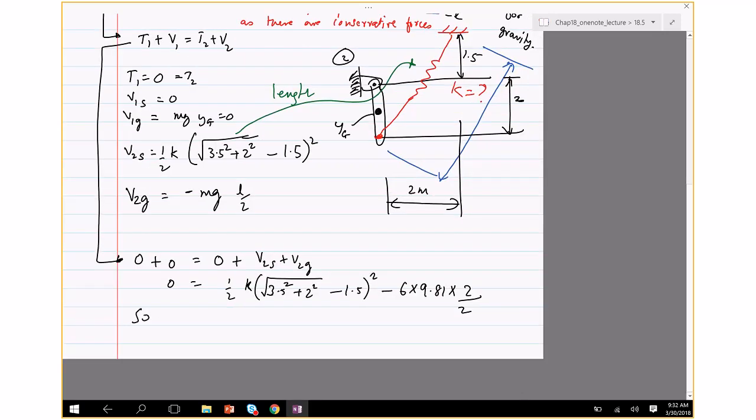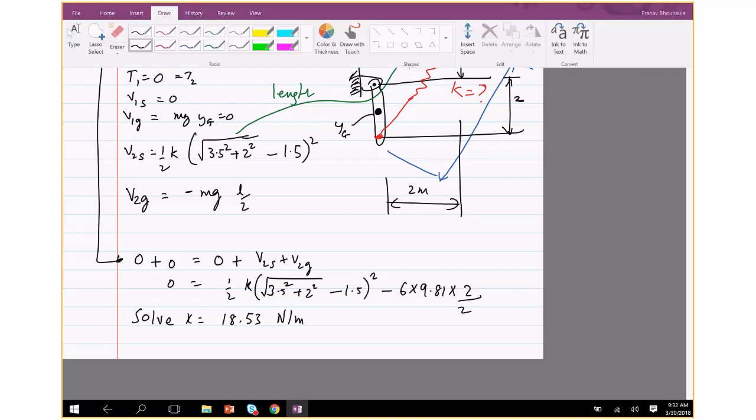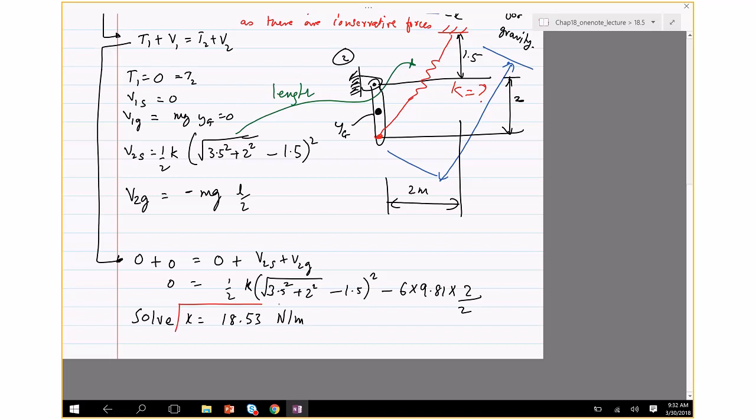So we can solve for k. The answer is 18.53 newtons per meter. Okay, any questions?